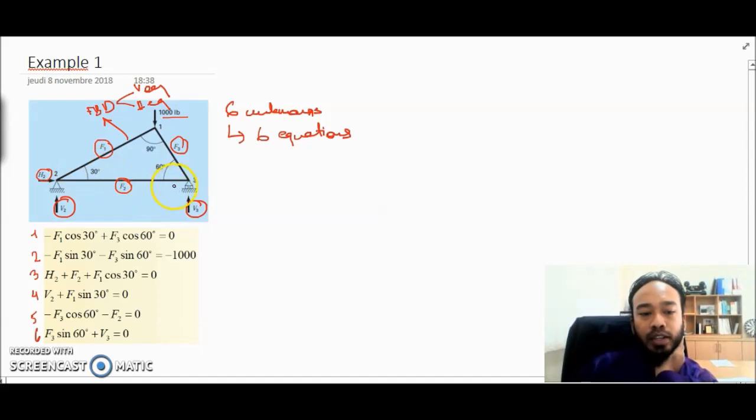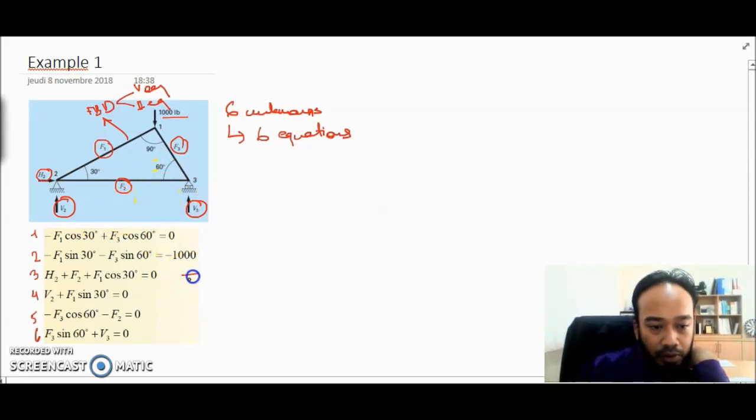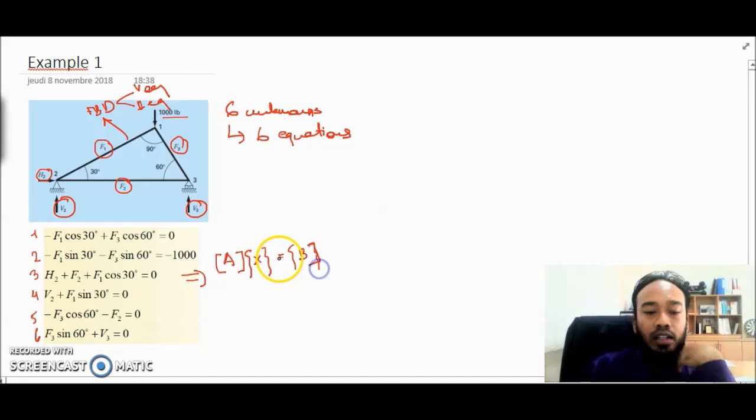So now what we're going to do is transform all these equations into matrix form. A reminder again, in matrix form, it would look like this: matrix A of the coefficients multiplied by the column matrix of X, which is the unknowns, equals the column matrix of B, which is the constants.